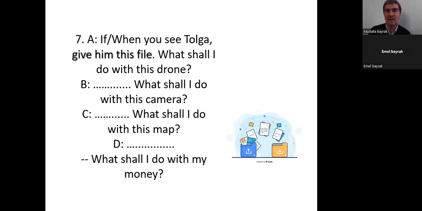If you see the captain, give him this map. What shall I do with my money? I advise you to have a saving account.